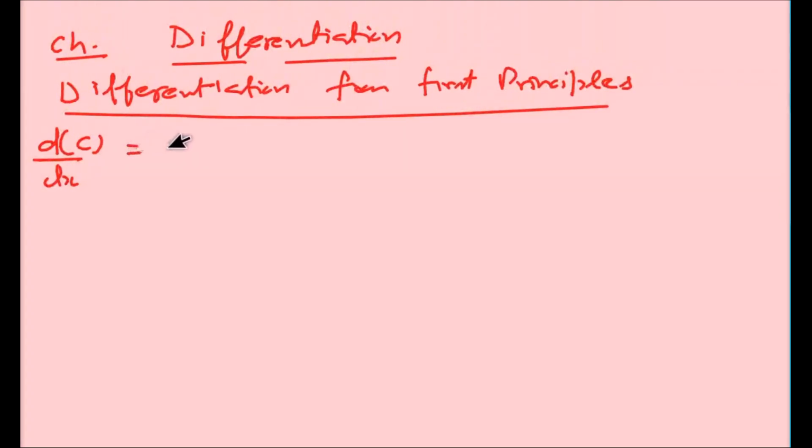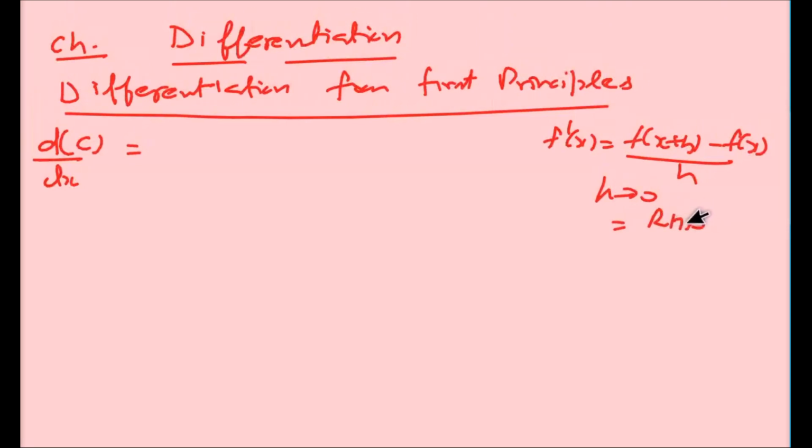So we know the formula that f dash x is f(x plus h) minus f(x) upon h, h tends towards 0, that is RHD. Using the RHD we will do. You can solve by using LHD also, but we will do for RHD.